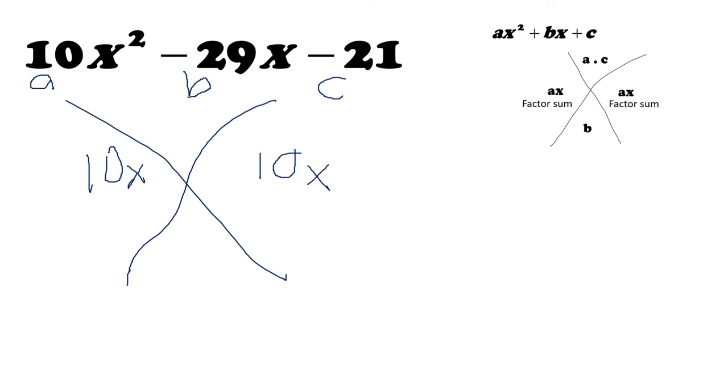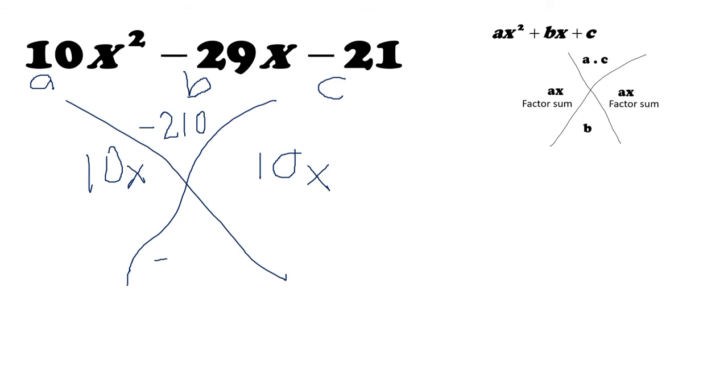In the upper portion, we are going to multiply the a and the c. So the numerical coefficient of the quadratic term of the given expression, which is 10, multiplied by the constant term, which is negative 21, and we have negative 210 as their product.